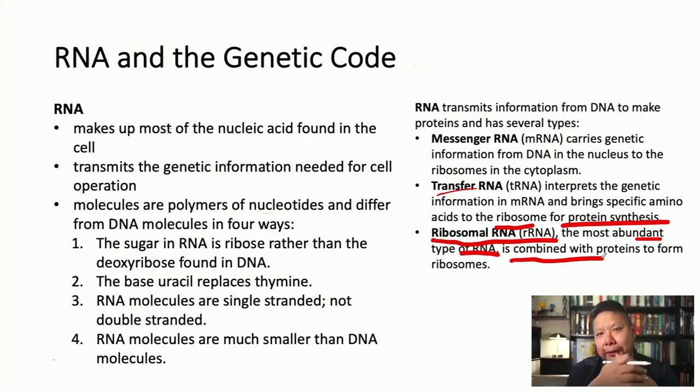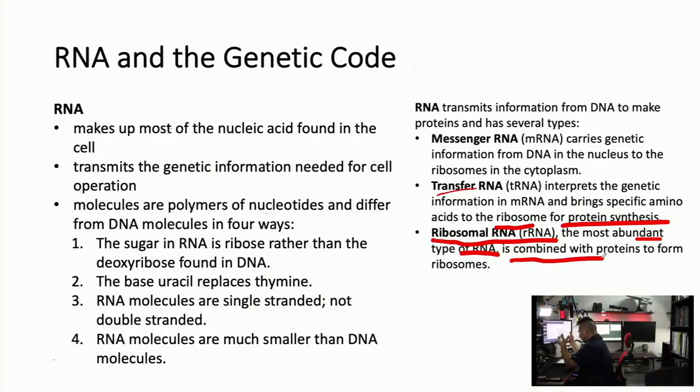So previously we didn't know that RNA could actually become a secondary structure that's functional, right? But it turns out that it can, much like amino acids can, right? In this case, it's the ribosome that carries out protein synthesis.